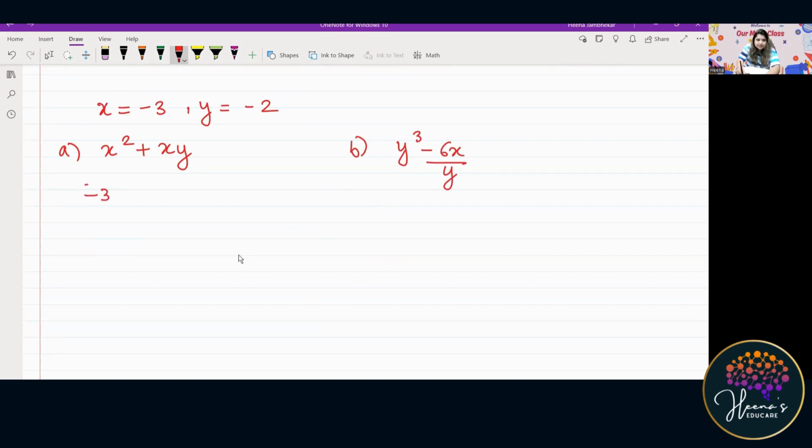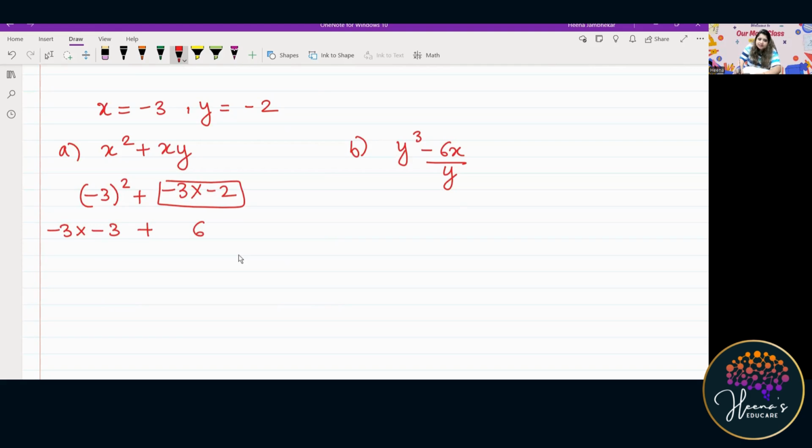Now, x square, which is minus 3 square plus x into y, which is minus 3 into minus 2. Minus 3 square. Do you understand this? Whenever you have minus 3 square, you're multiplying minus 3 two times, right? Which is minus 3 into minus 3. Plus, look at this term. 3 into 2 gives you a 6.